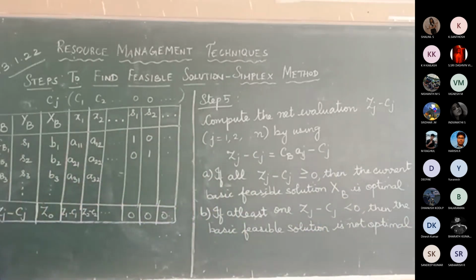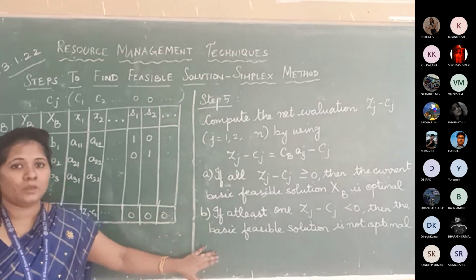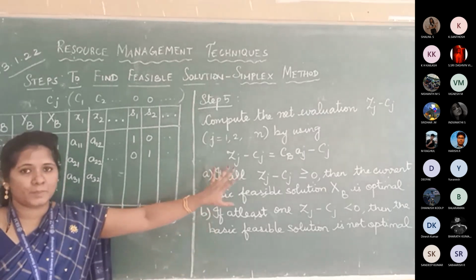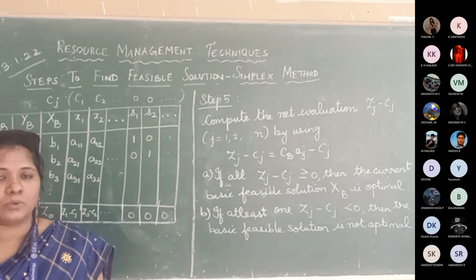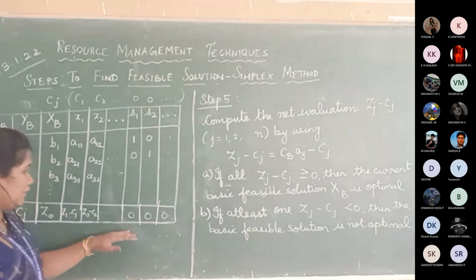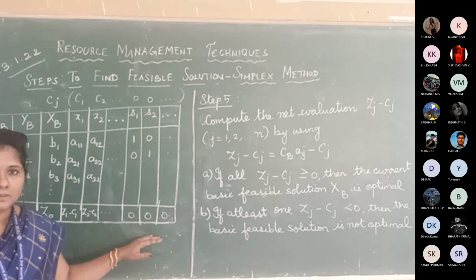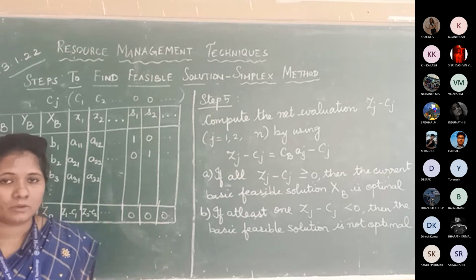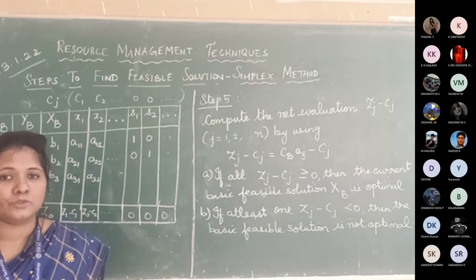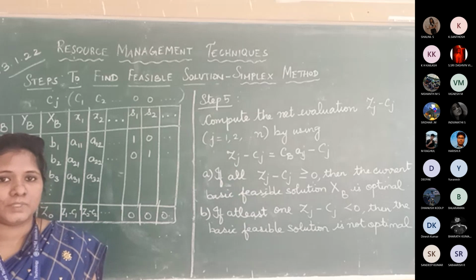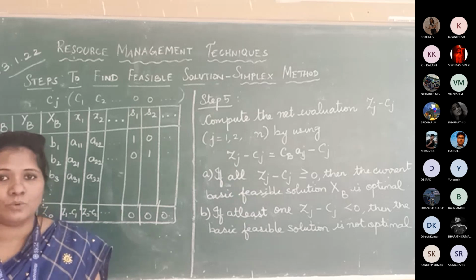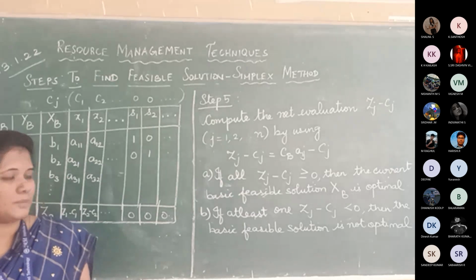So this will be your step 5. In step 5, you find out your Zj minus Cj by multiplying and getting the value. If you get all the values greater than or equal to 0, that is positive values, that will be the optimal solution. If you get a negative value, then you go on to step 6.